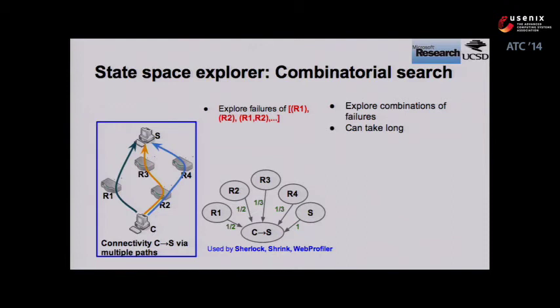So because it has to explore all combinations of failures, this state space explorer, the combinatorial search, can take very long. During the course of my talk, I'll be presenting another state space explorer that is iterative, that can go through simultaneous failures much more quickly, and we'll study it in depth.